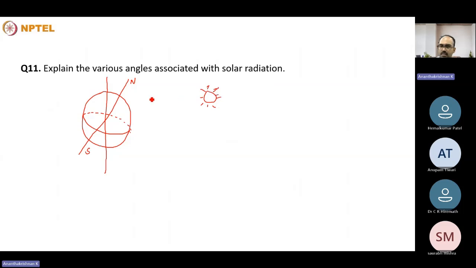The solar radiation comes in this direction. This is the center point. So this is the actual axis, the north-south axis. It rotates in the counterclockwise direction.